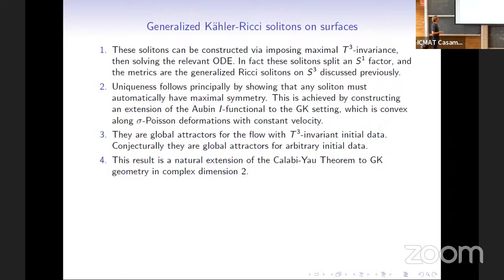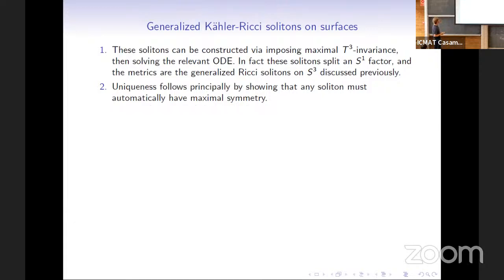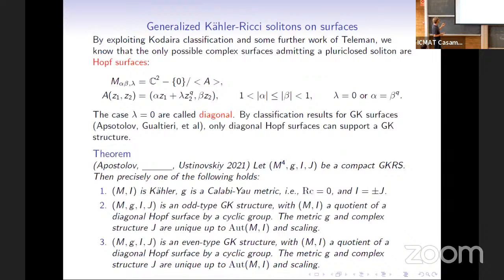And then, yeah, I think the right way to think about this is as an extension of the Calabi-Yau theorem to generalized Kähler geometry. I think an interesting feature of this is that it's not really correct or meaningful to make a distinction between Calabi-Yaus and solitons. The rho B equals 0 case, like this standard Hopf metric on the standard Hopf surfaces, satisfies all these things too.